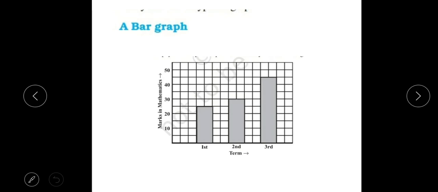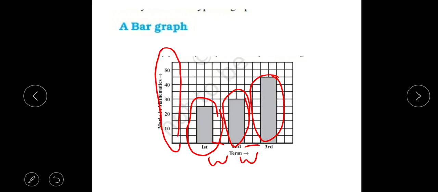Bar graph. Here in the bar graph, we know bars are used with equal width, and equal gaps, identical gaps between the bars are also maintained, and the numbers are marked on the y-axis.